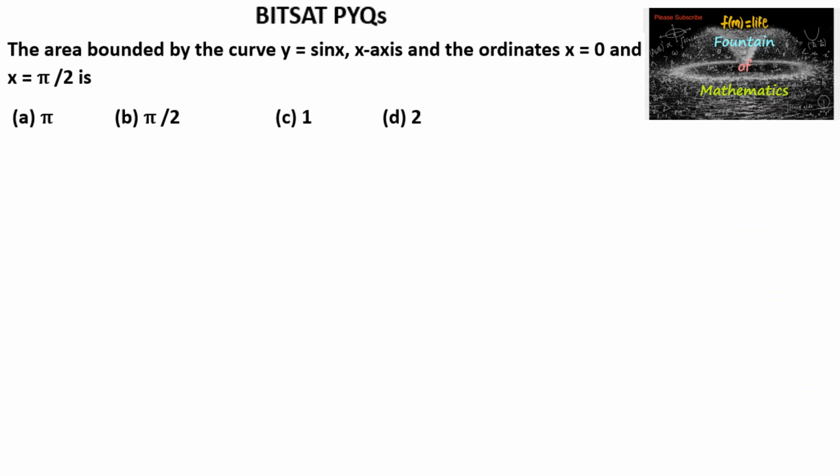Area bounded by the curve y is equal to sin x and the ordinates x is equal to 0 and x is equal to pi by 2.